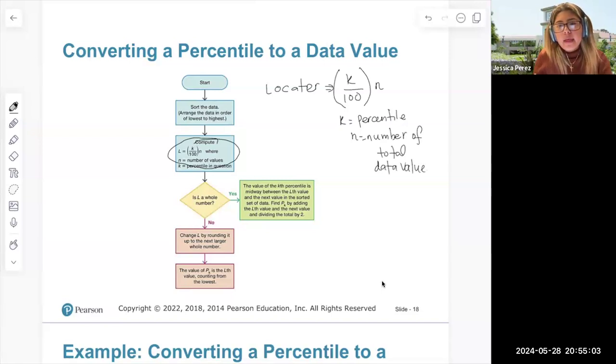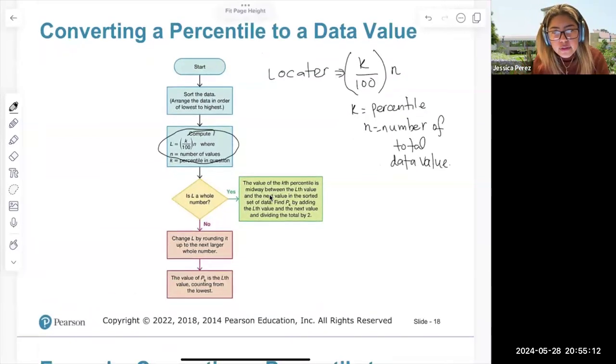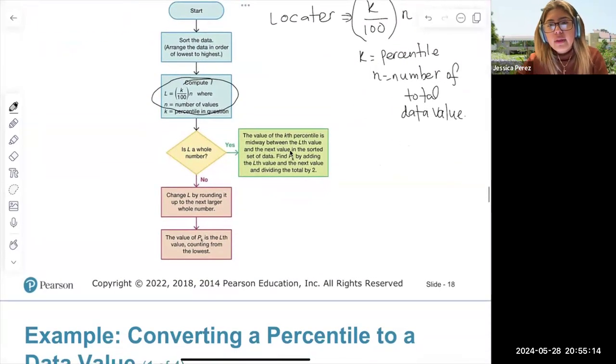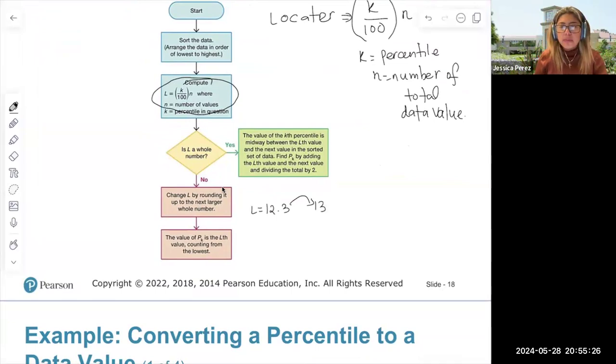If L is a whole number, the value of the percentile is midway between the L-th value and the next one. If it's not a whole number, then you just move up to the next one. So let's say my locator was 12.3, I'll just go to the 13th slot.